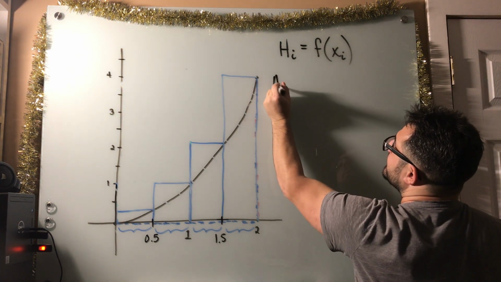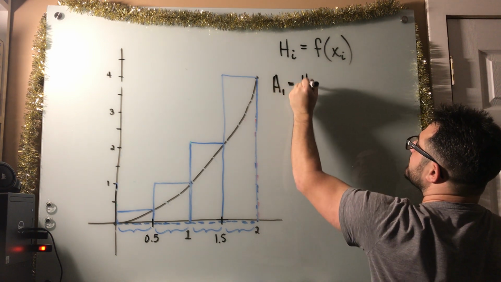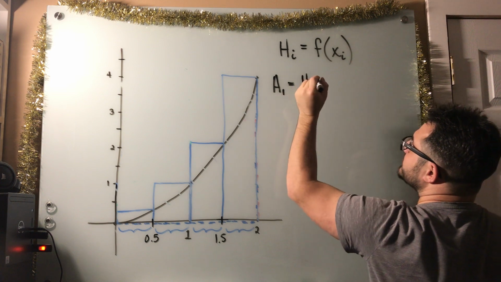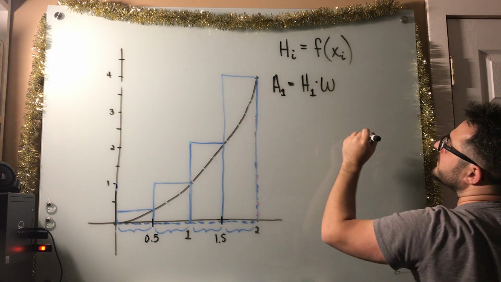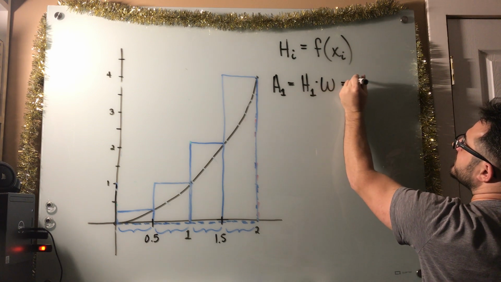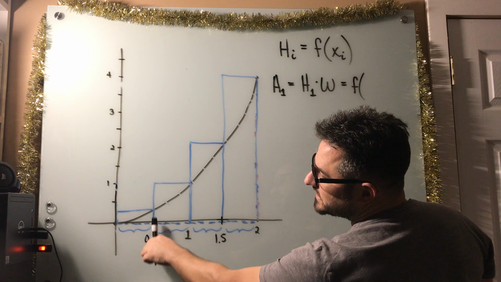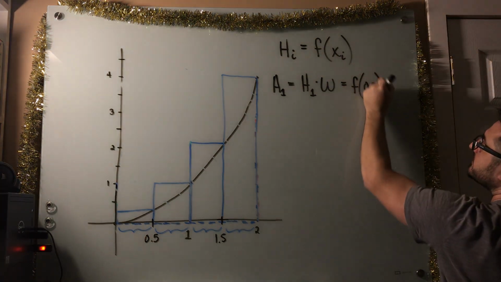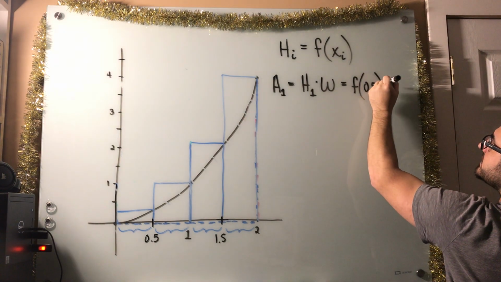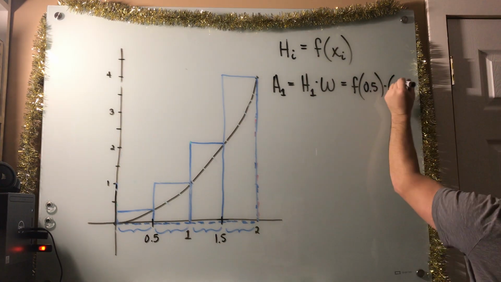So the area of the first rectangle is going to be the height of the first rectangle times its width, where the height is going to be f of 0.5 times the width, which is 0.5.